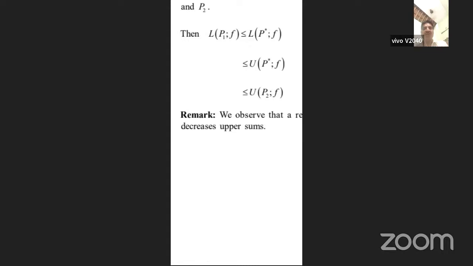So the final result is: U of P star, f, the upper Riemann sum through the common refinement of the function, cannot exceed the upper sum of the second partition of f. So our final conclusion is L of P1, f is less than or equal to U of P2, f, meaning the lower Riemann sum on the first partition cannot exceed the upper Riemann sum on the second partition.